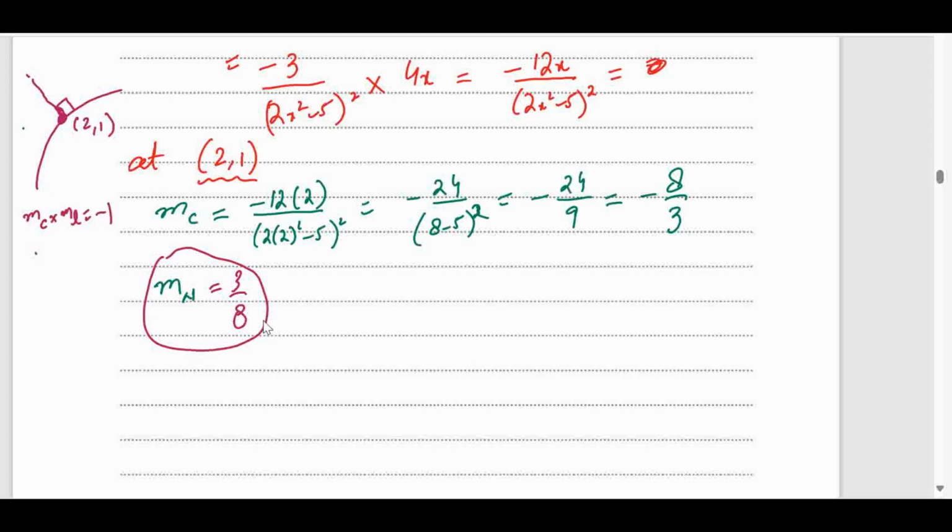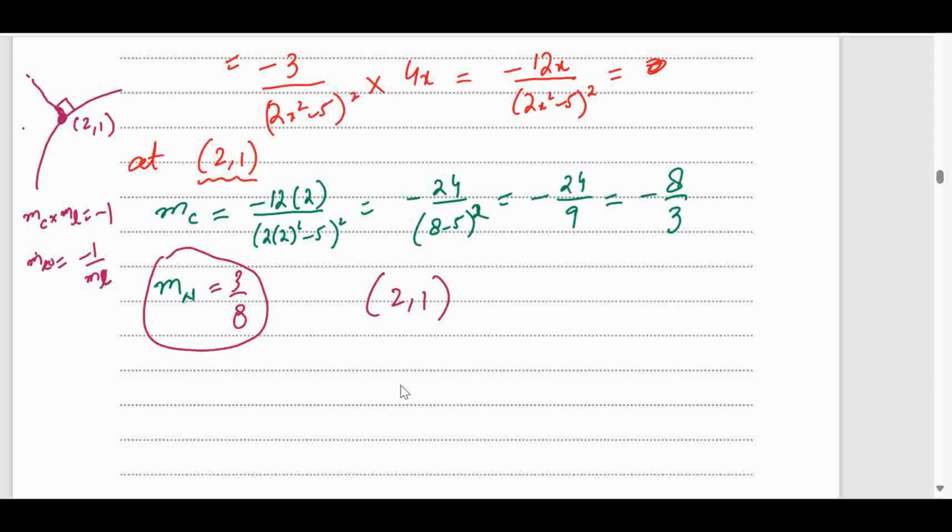So that is why we use −1 divided by the gradient of the curve.